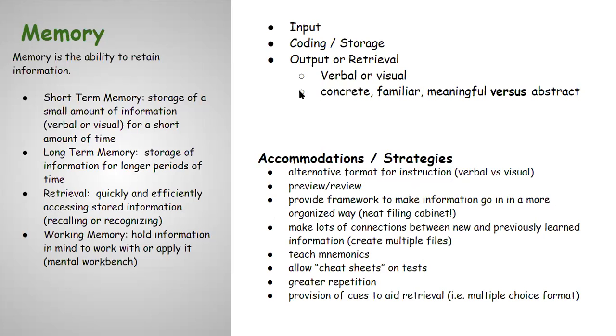So they are able to output a response that takes into account 3 of the 5 pieces of information that went in. But you can see, because there was a breakdown at the input, what you get at the output will be compromised. So at the input stage with verbal information, a strategy for this student would just be making sure that all of the information goes in. So whether it's through repetition or a multisensory approach, so really trying to understand where the breakdown is so that you can provide the right support.